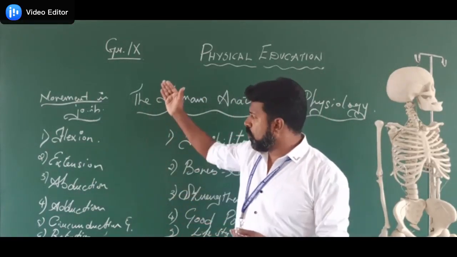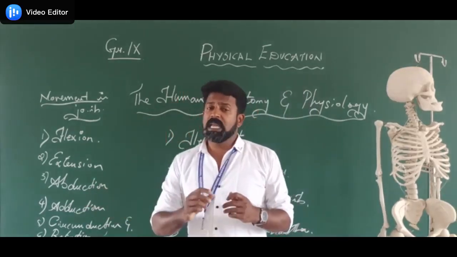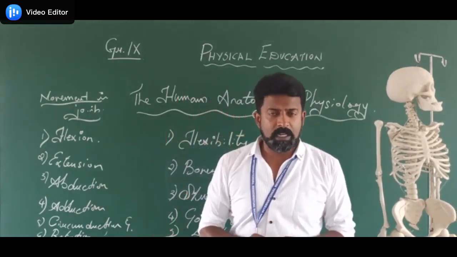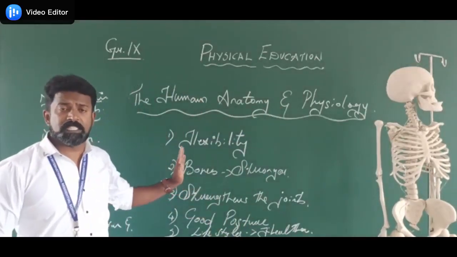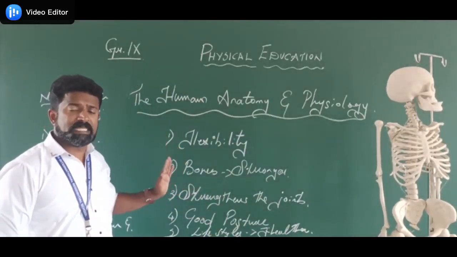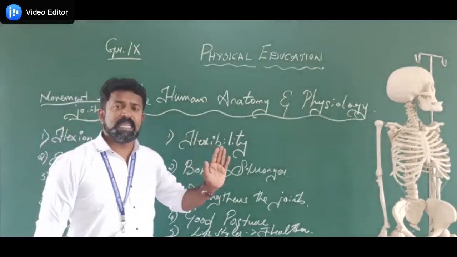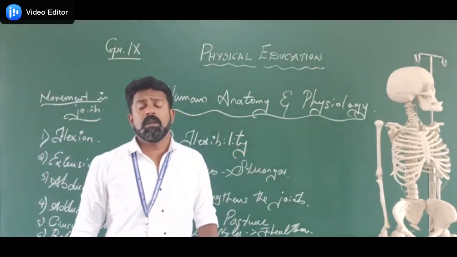These are all the movements which are going to take place in the joints when you are going to perform an activity. And lastly we saw what are the benefits of doing exercise for the skeletal system. There are a total of 5 benefits.